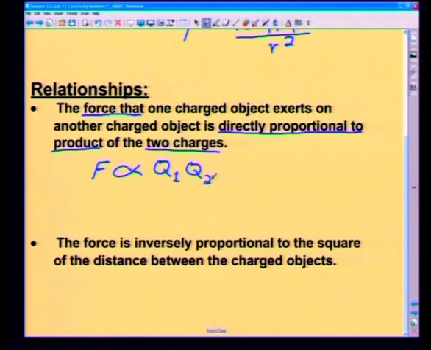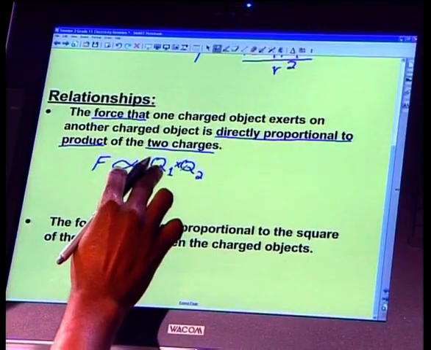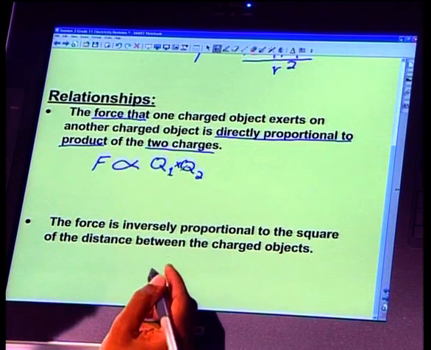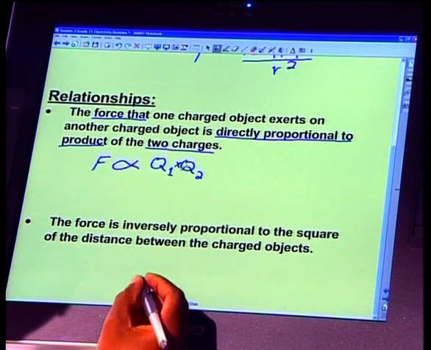So if the two charges are represented by charge 1, Q1, and charge 2, Q2, then this force is directly proportional to the product. This means you are multiplying Q1 by Q2. Remember that a product is an answer that you get when you multiply. So the electrostatic force is directly proportional to Q1 times Q2. That's the first relationship that we are getting here.